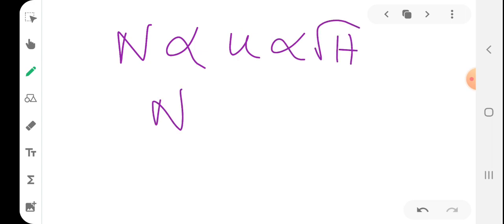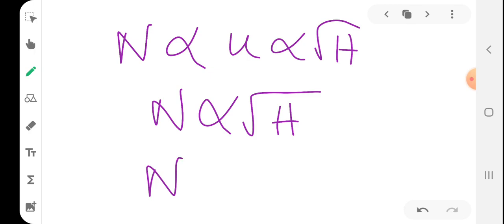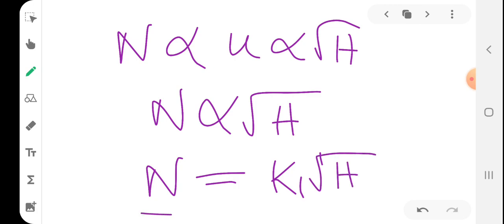So it will give you speed proportional to root h. So n is directly proportional to root h. In order to remove that proportional sign, you just add a constant: n is equal to some constant k1 into root h.